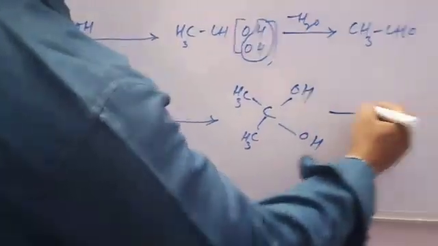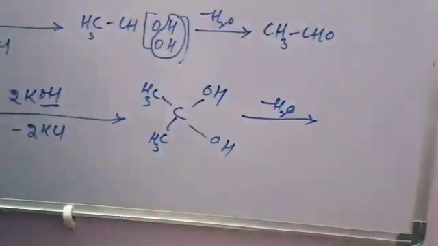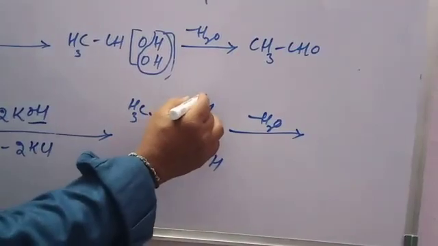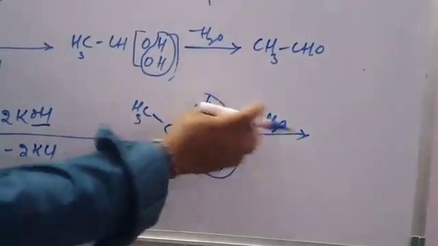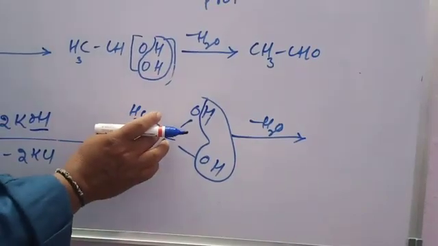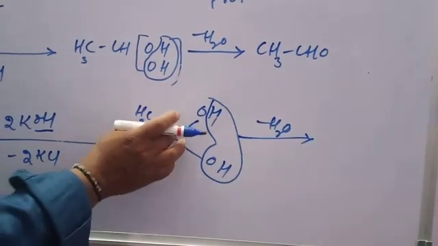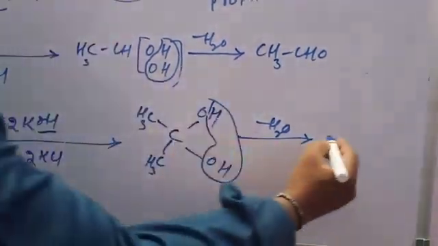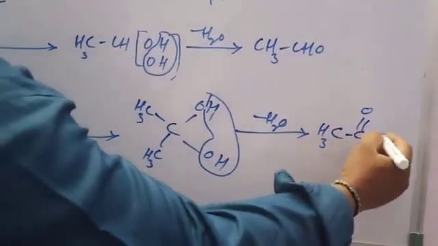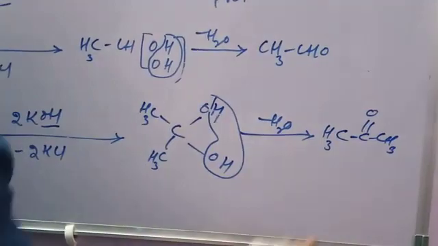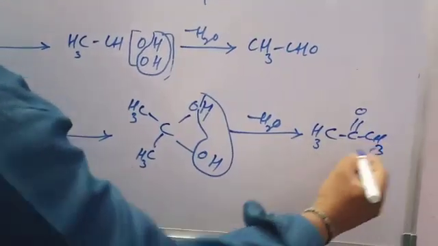So then dehydration means removal of water. So then it is H and OH, H2O is removed. Then the remaining compound is CH3CO, CH3. So then it is simply CH3, C double bond O and CH3. So the obtained compound is ketone.